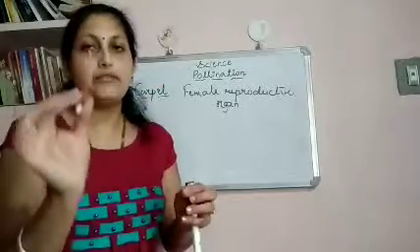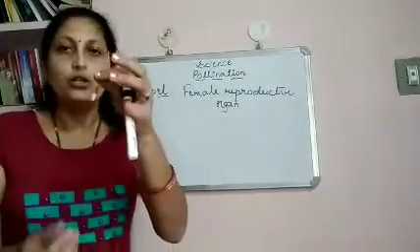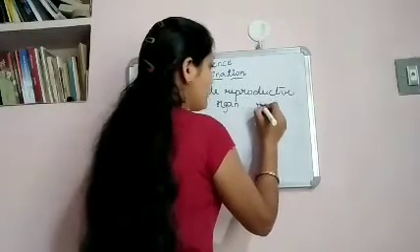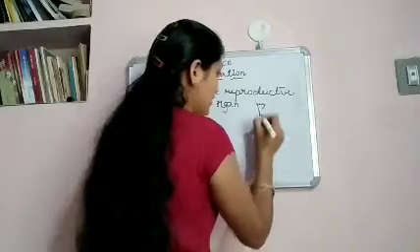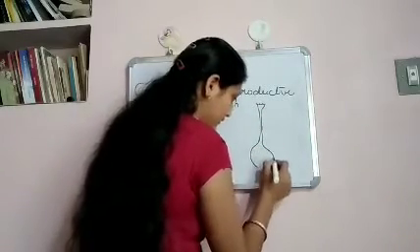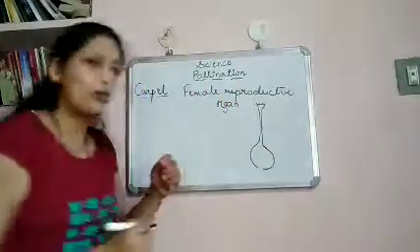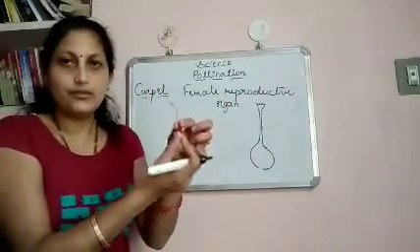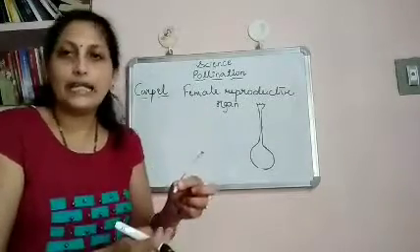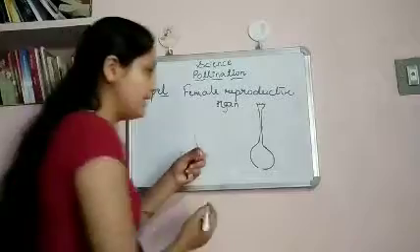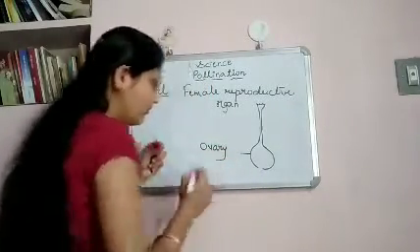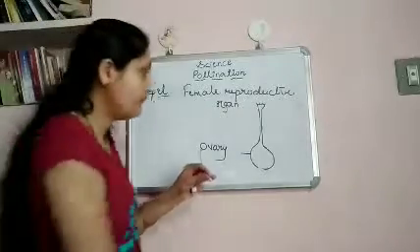This female reproductive organ is divided into three parts. This is the top region, and this is the tube-like structure, and at the base there is a swollen structure. This swollen structure is called the ovary.